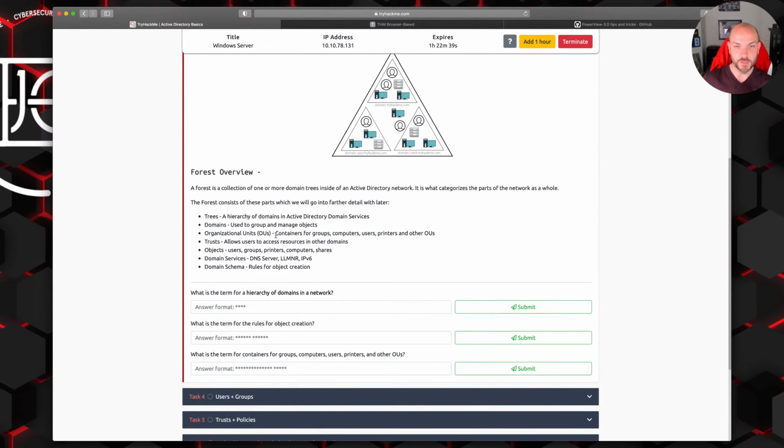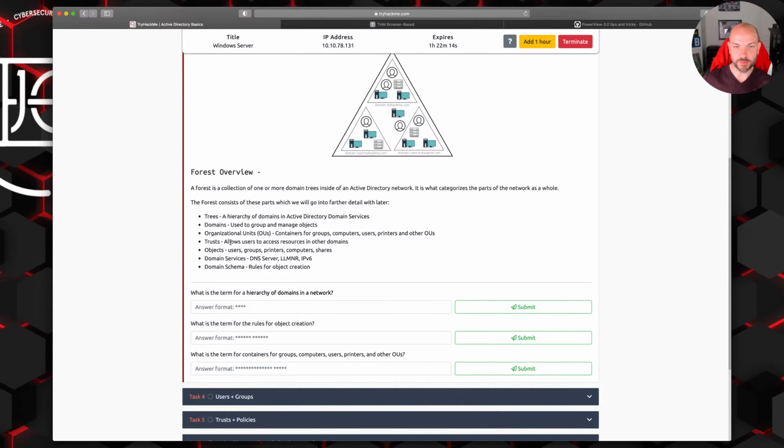OUs, or organizational units, are containers where we can put different types of things, whether they're groups, computers, printers, users. We can nest OUs inside of other OUs. And this is normally where you're going to see, if you're trying to be very specific with your GPOs, you can sometimes see GPOs attached to specific OUs.